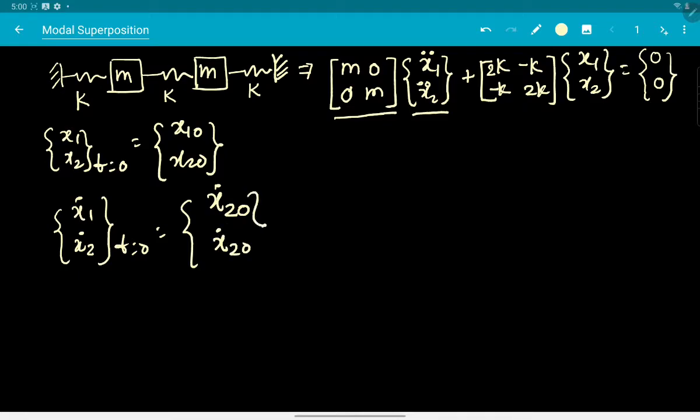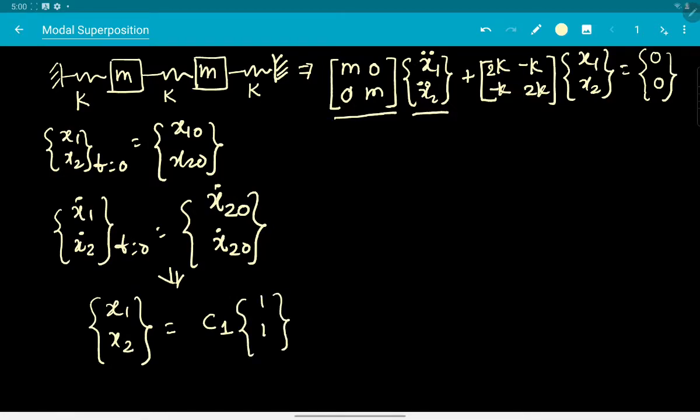So this was the problem at hand. We have solved this problem, and we have seen the solution x1 and x2 when the free vibration problem was considered. In that case, we assumed that x1 and x2 both are synchronous and harmonic. Then we found that this is how the solution can be written.